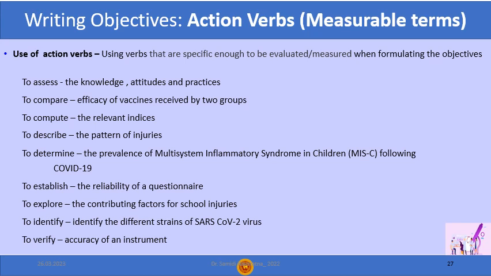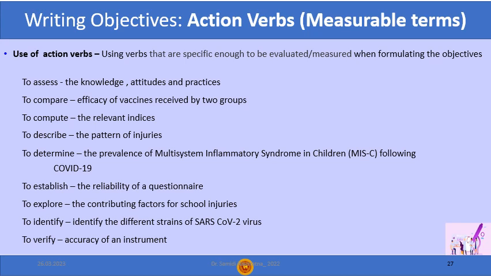To compute the relevant indices, particularly in epidemiology, you may have to compute relevant indices such as the maternal mortality rate, the prevalence, the incidence, and so on. Then to describe the pattern of injuries, for example, you may need to describe. To determine, for example, the prevalence of multi-system inflammatory syndrome in children, known as MIS-C, following COVID-19.